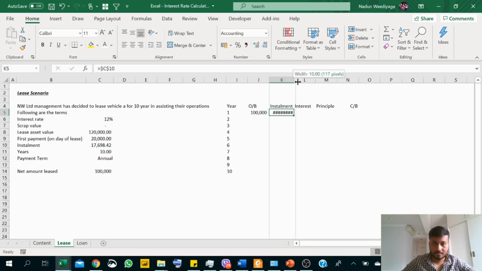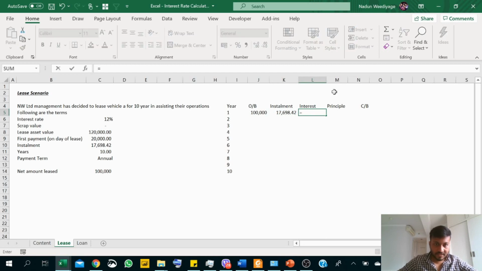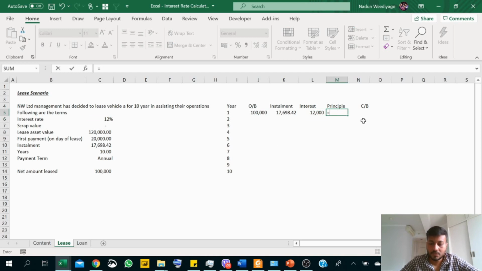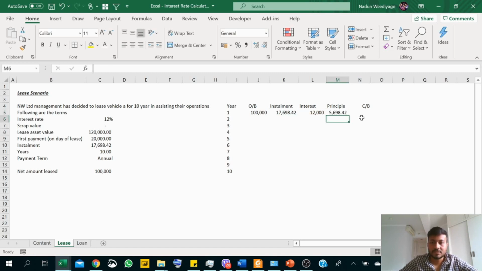The interest rate is 12% of the opening balance, so you multiply the opening balance by the interest rate and lock the interest rate by pressing F4, placing the dollar signs, which is 12,000 in year 1. So the principal amount you have paid is 17,698 minus 12,000, which is 5,698.